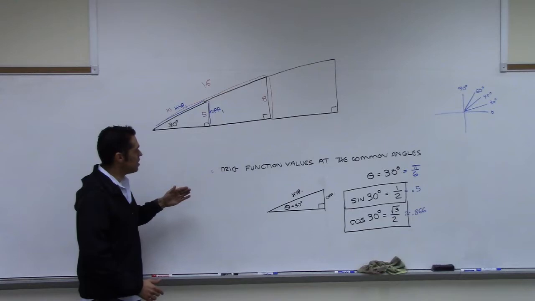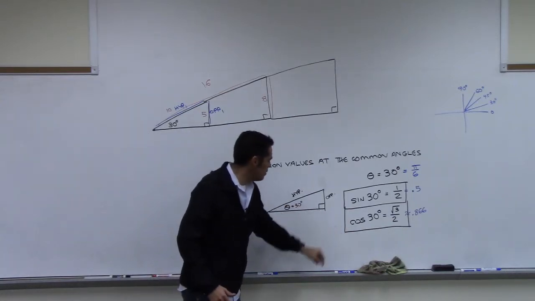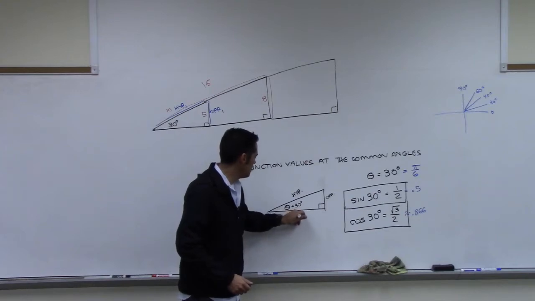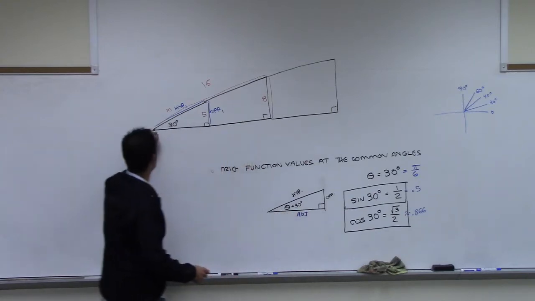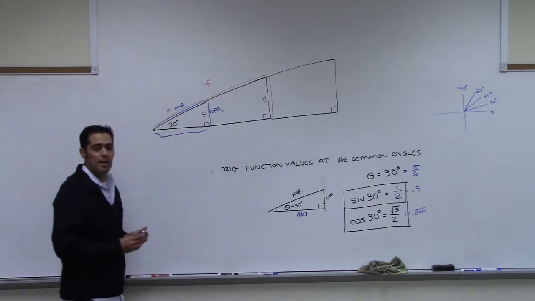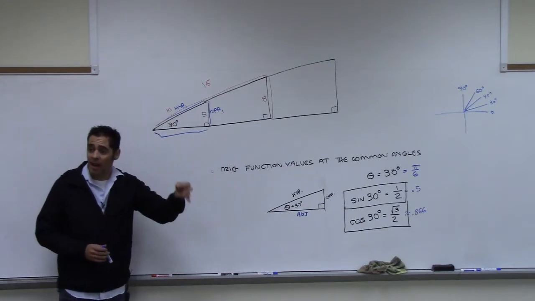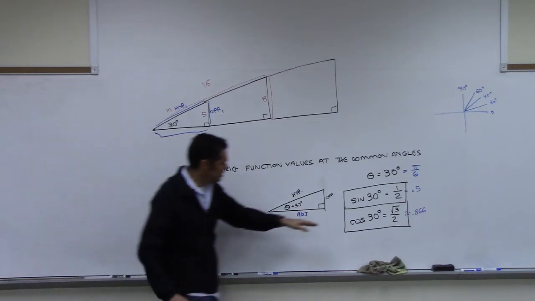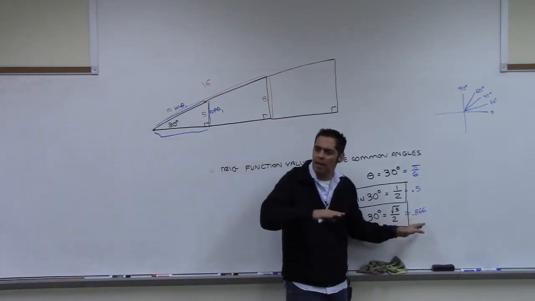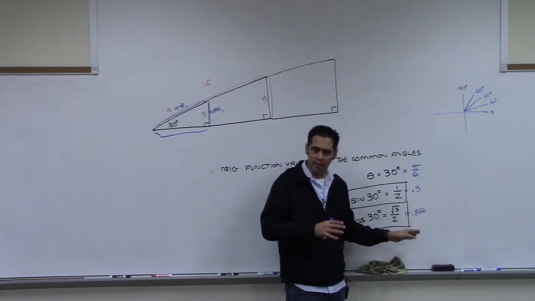But if you do cosine, now you're doing which side over which side? Adjacent. So if I'm now measuring this side, the adjacent side, and dividing it by the hypotenuse, the ratio is no longer 1/2. The ratio is √3 over 2, which is about 0.86.